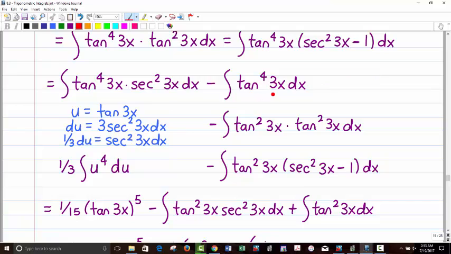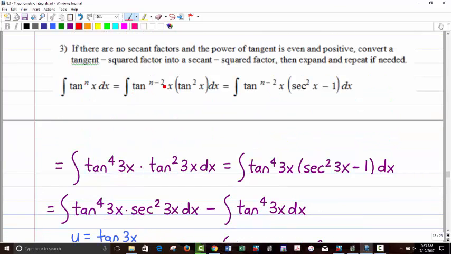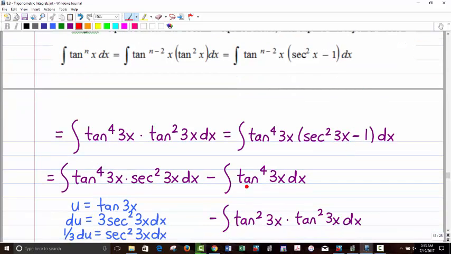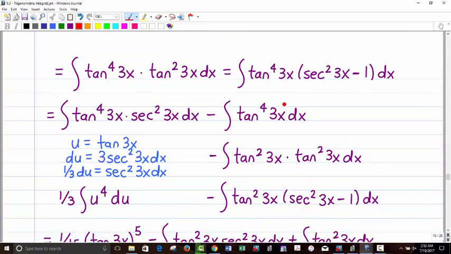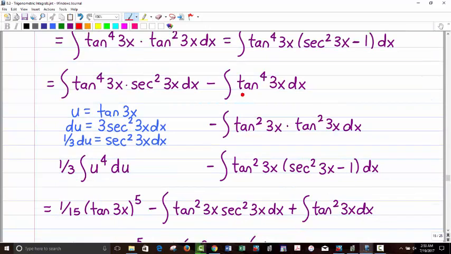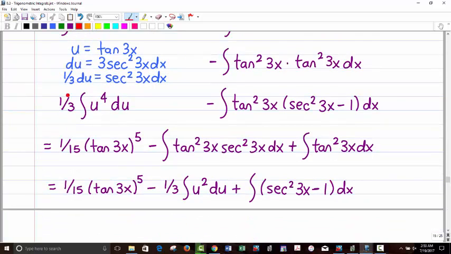Now tan fourth, we have to repeat the process up here again. That's what I mean by expand and repeat if needed. Yes, repeating is needed. So tan fourth breaks down into tan squared times sec squared minus 1. So this one gives you tan squared sec squared. And once again, I'm using the same u and du, so it's 1/3 u squared.